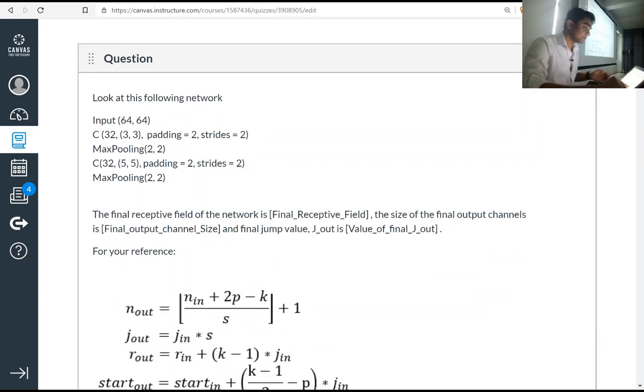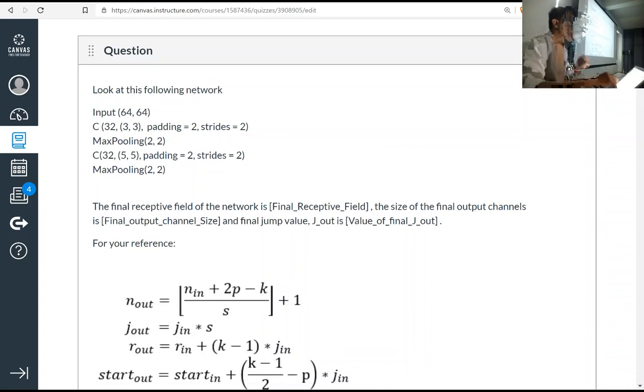Okay, how many were you able to calculate these receptive fields? That's fine. 4 cross 4, 4 star 4, all of those are fine. How many were able to calculate this?